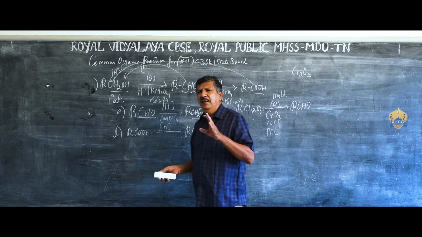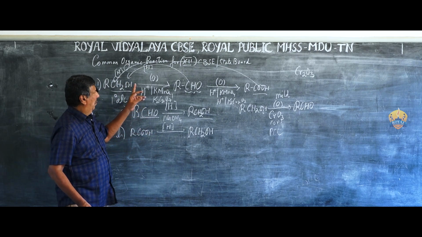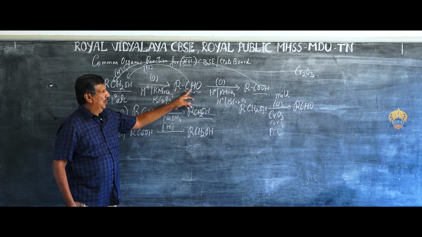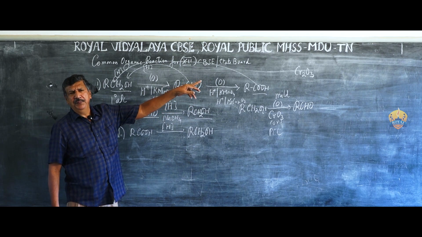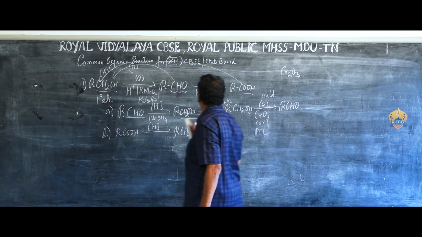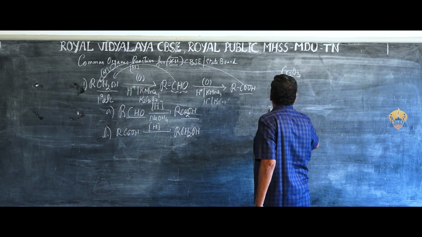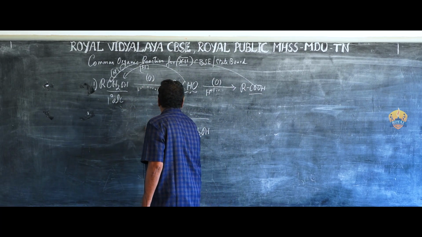So, again, I am just insisting, try to understand all primary alcohols are converted into aldehyde and aldehydes are converted into acids. This is very important. Be careful. If you have any doubt, you can clarify.